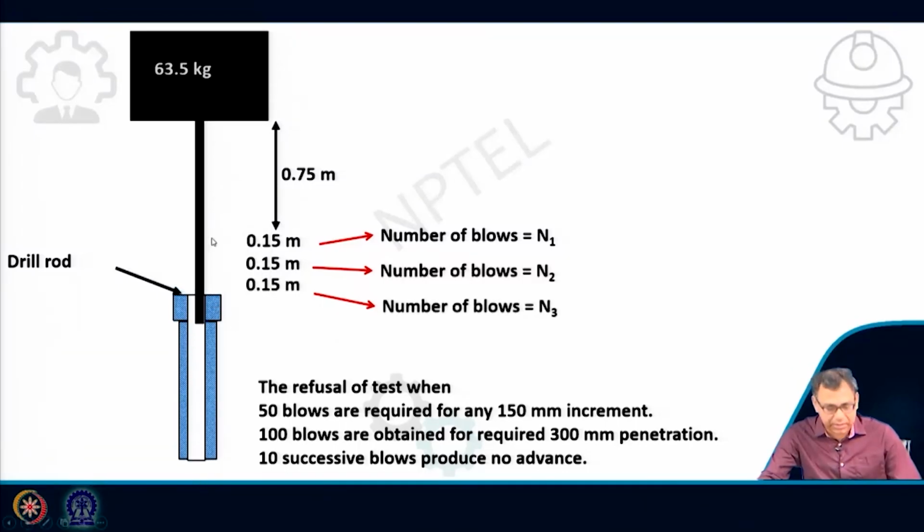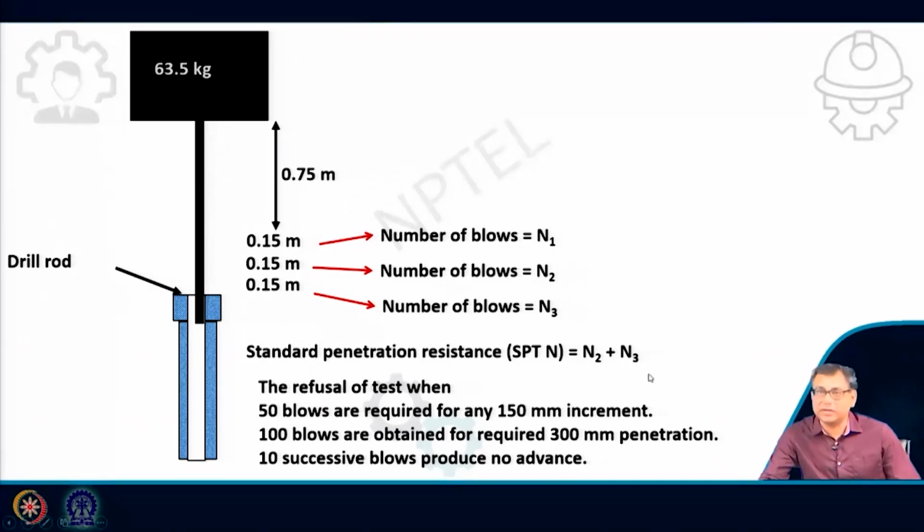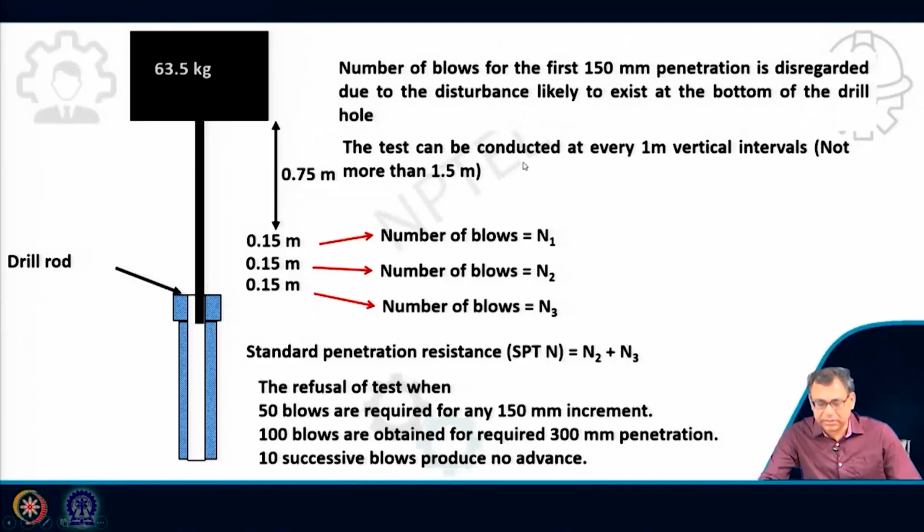We apply a number of blows, and for every 150 millimeter penetration we count the number of blows required to penetrate that 150 millimeter. The blows required to penetrate the first 150 millimeter is called N1, then next N2, then N3, and then we add N2 and N3. That sum of N2 and N3 will be the N value or SPT N.